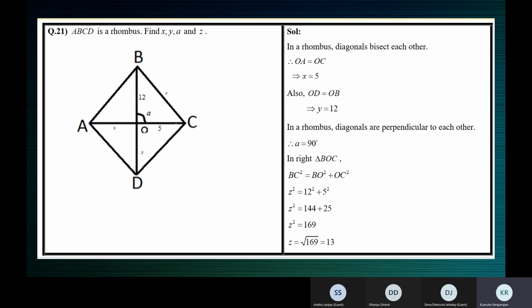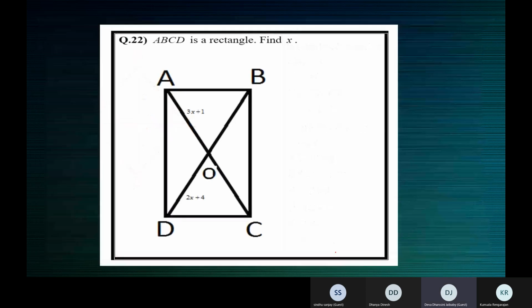This is by Pythagoras theorem. So on working this, Z is 13 units. Correct? Yes, ma'am. Take a screenshot. Taken, ma'am. All right. Try this, children.